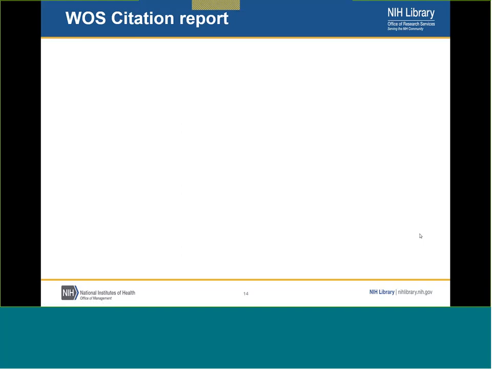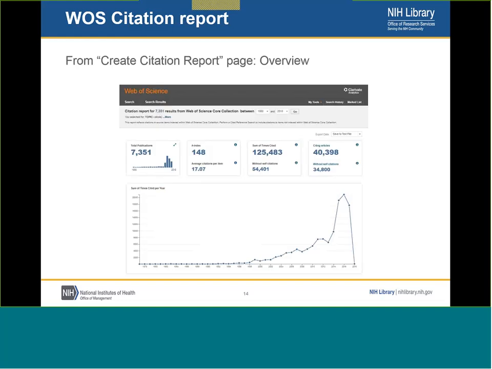Okay, so for the Web of Science report, remember the two tabs that I showed you earlier? If you click on Create Citation Report, you're going to see an overview, something like that, okay? So this is just a data set that I quickly pulled out. So you're going to see the total publications, the average, the H-index, and please remember that the H-index here is not the average index of all of the co-authors in this data set.